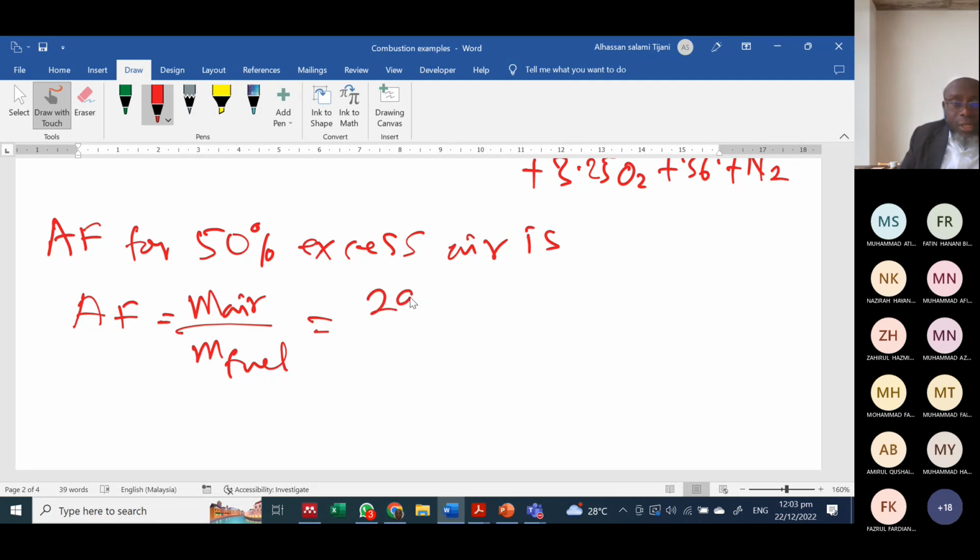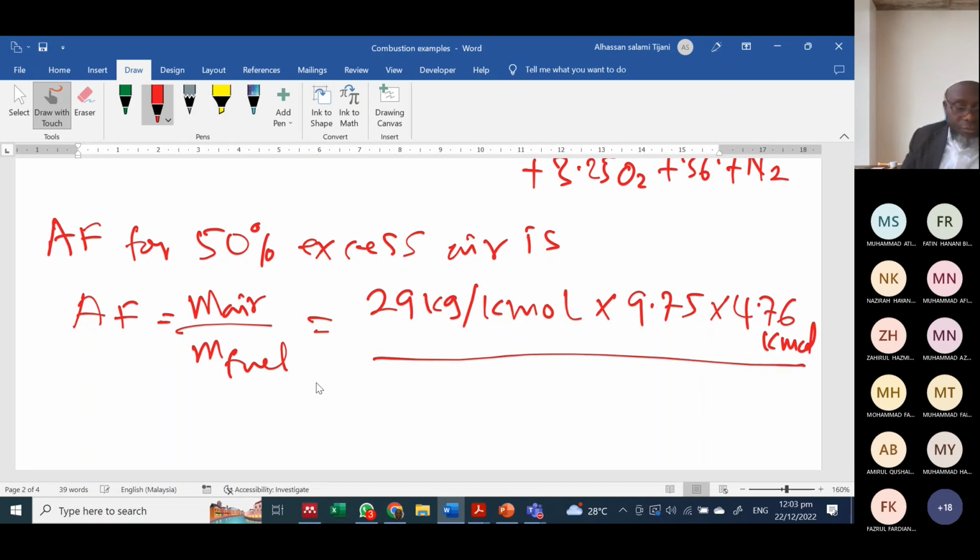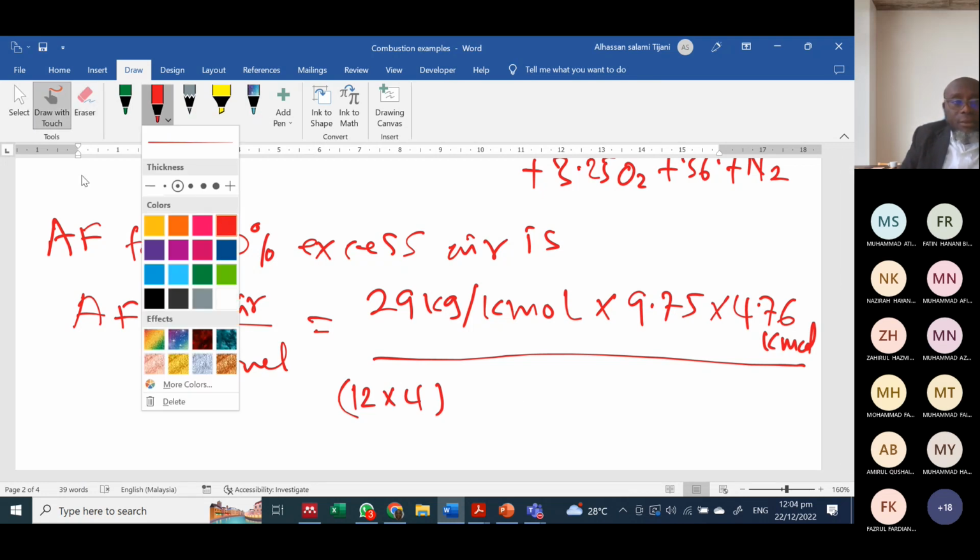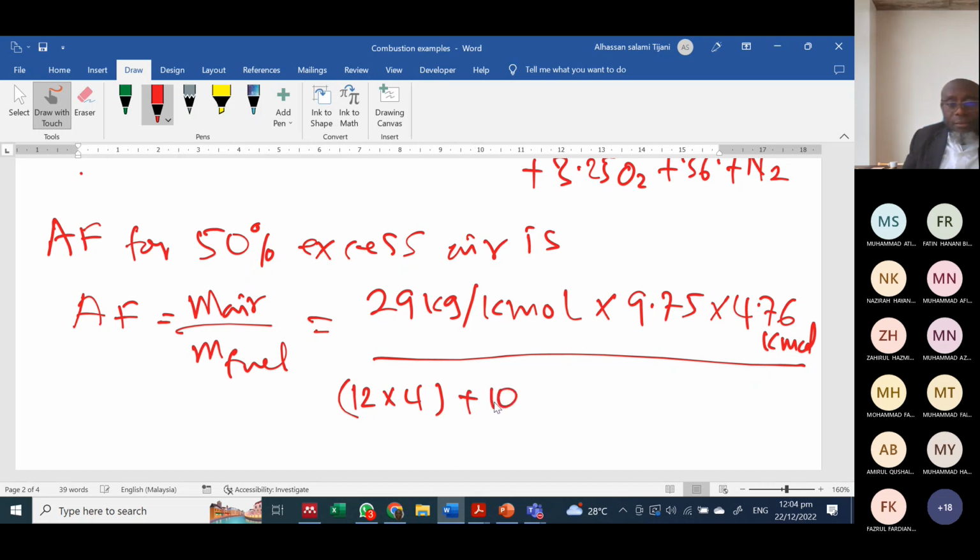I have 29 kilograms per kilomole of air times 9.75 times 4.76 kilomoles of air, divided by carbon 12 times 4 plus hydrogen 10, which is in kilograms per kilomole, times 1 kilomole of the fuel.